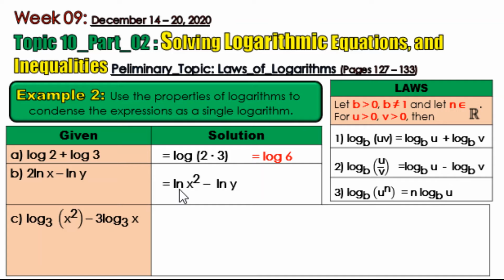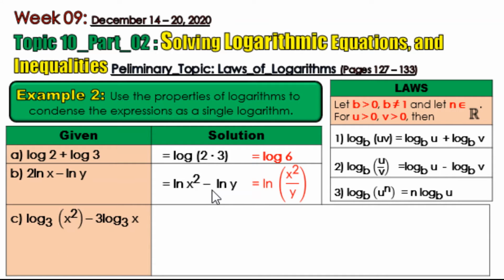So we have ln x squared minus ln y. So since this is the difference, we can further condense this as ln x squared divided by y. Okay, that is for example number 2, letter B.